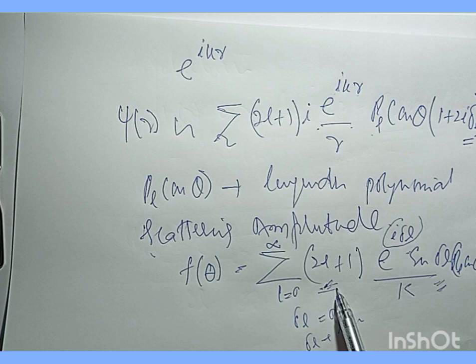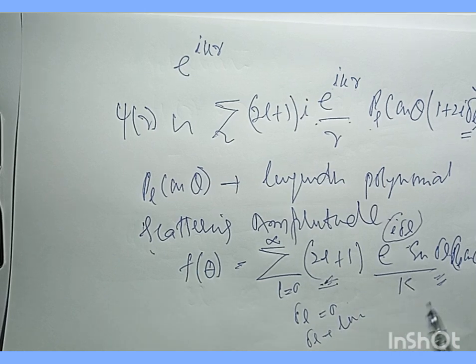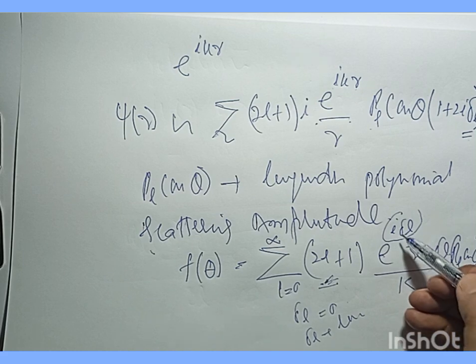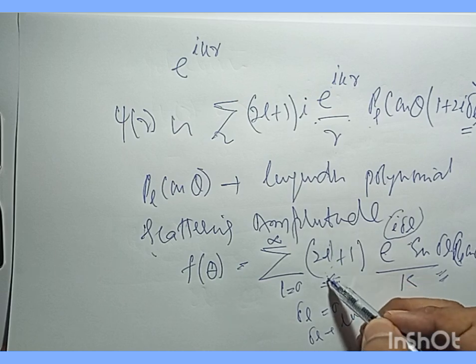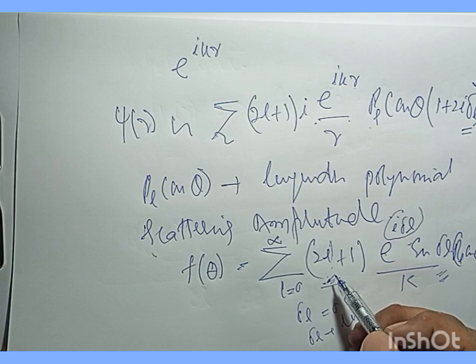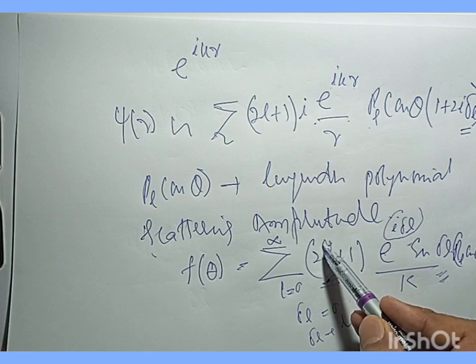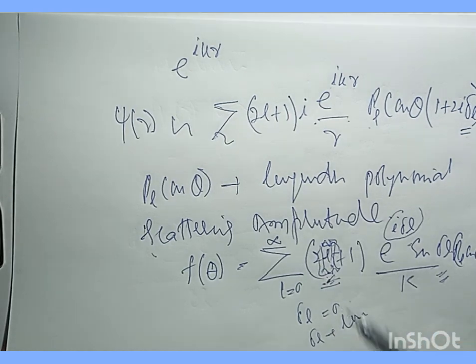I think for low energy, if we have less energy of scattering taking place, the contribution from the large values of L is less. So we can say that the analysis can be truncated at reasonable values of L. L cannot be large.